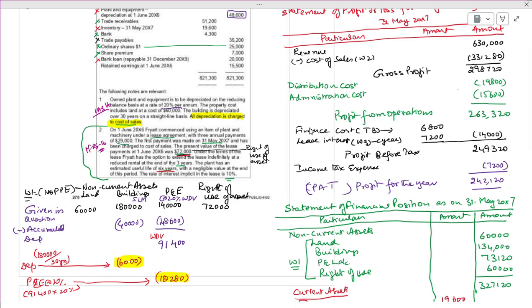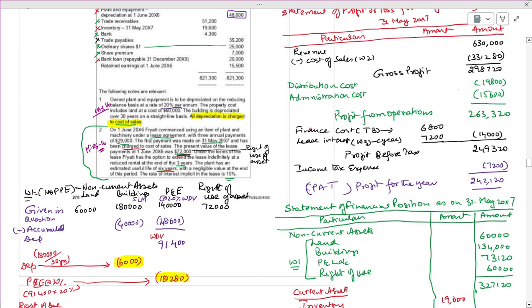June 1st, they have commenced using an item of plant and equipment under a lease agreement with 3 annual installments of 29,000. The first payment on 31st May has been charged to cost of sales.